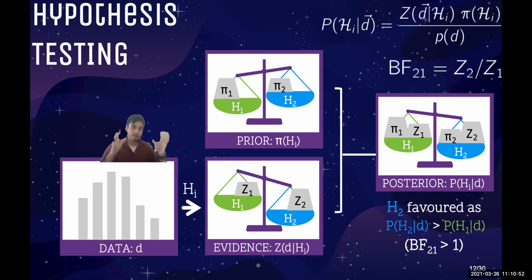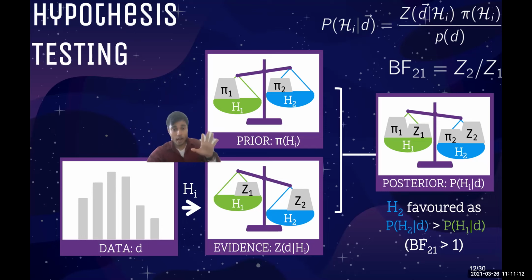Now, once we get some data, we can analyze it with our hypothesis, and we can build what's called the evidence, which is the probability of the data given the hypothesis. That shifts our understanding of which hypothesis is more likely given the data.